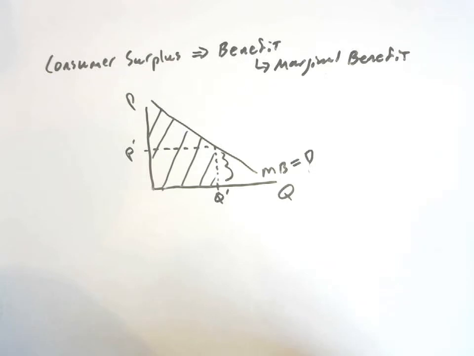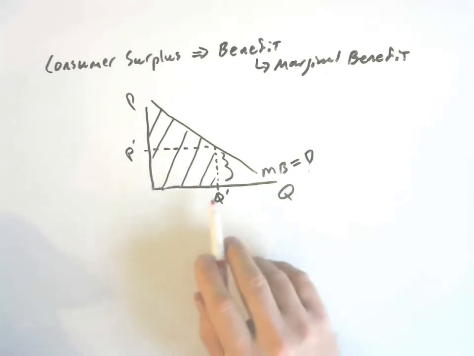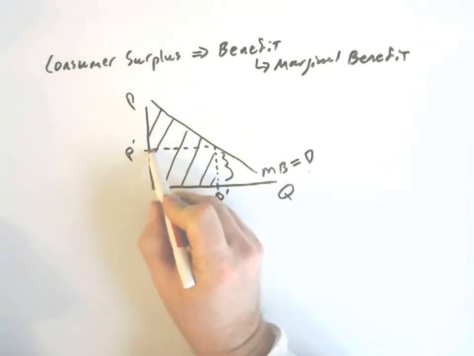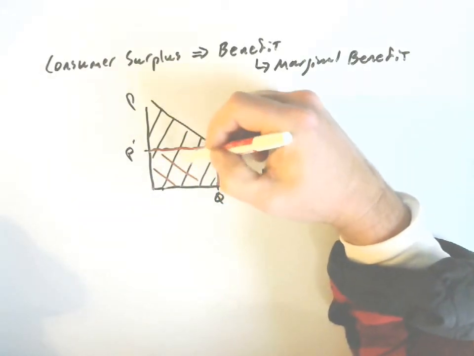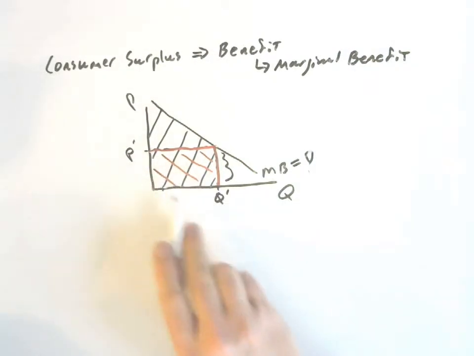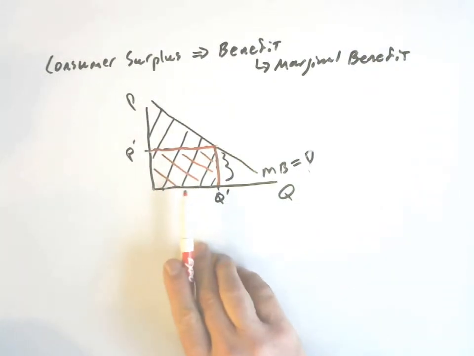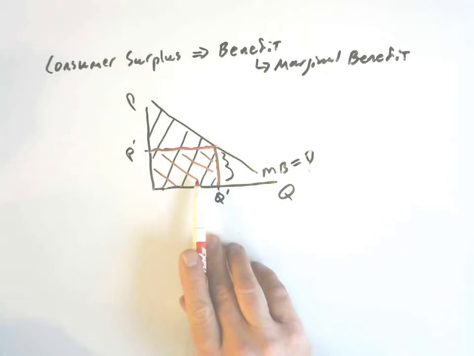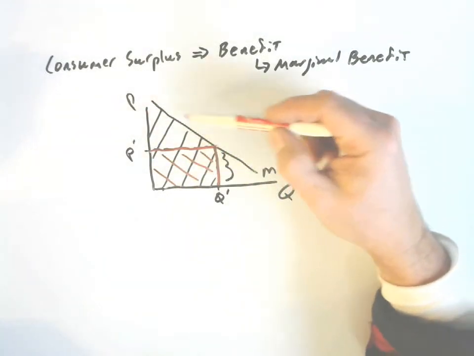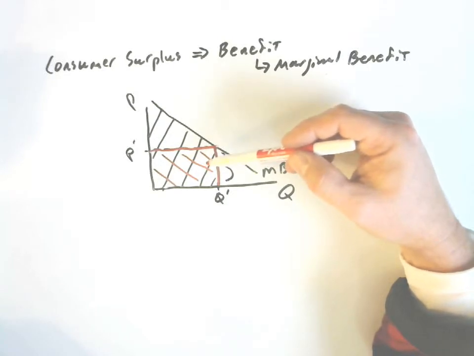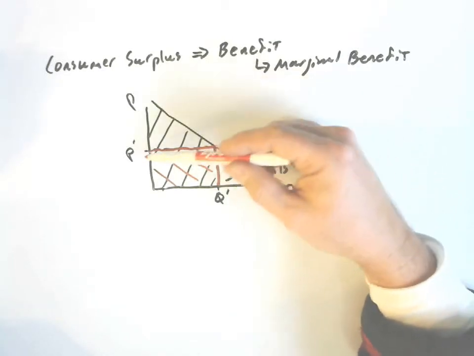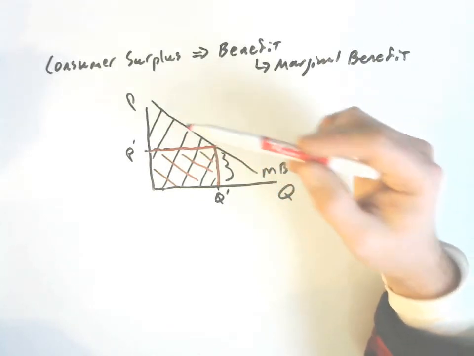The problem is that I have to give the cashier money for Q prime units. And how much money do I give the cashier? It's equal to that box right there. In other words, P prime times Q prime is the amount of money I owe the cashier. Now that money is gone once I give that to her, and I can't do anything else with it. In other words, some of my total benefit from the consumption of Q prime units is neutralized, or offset, if you will, by the fact that I have to give the cashier some money.